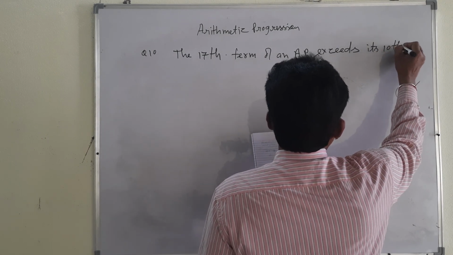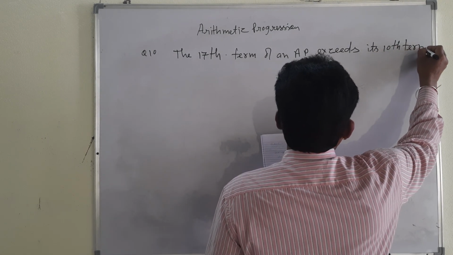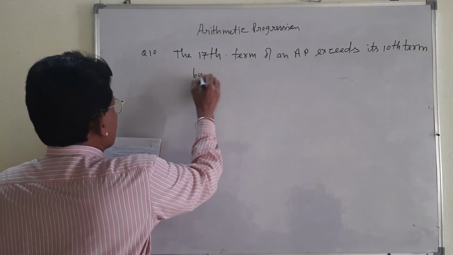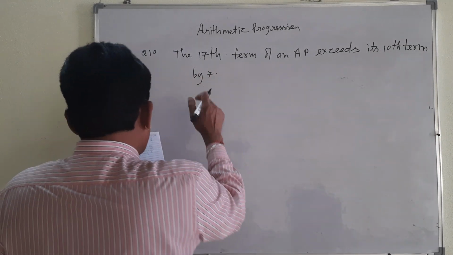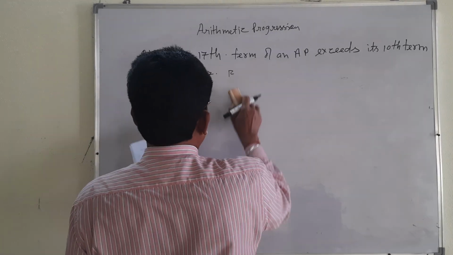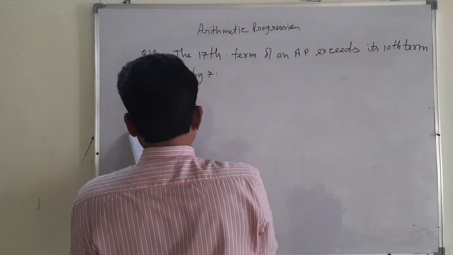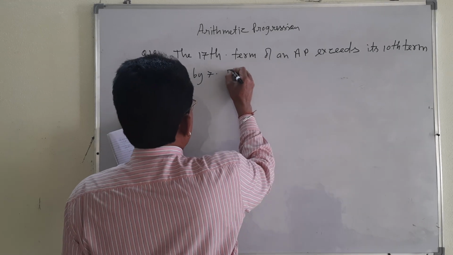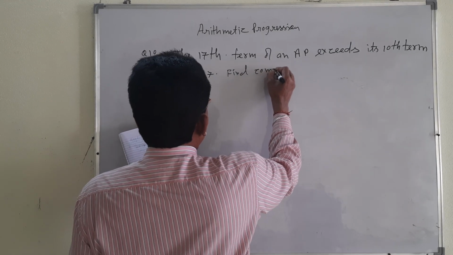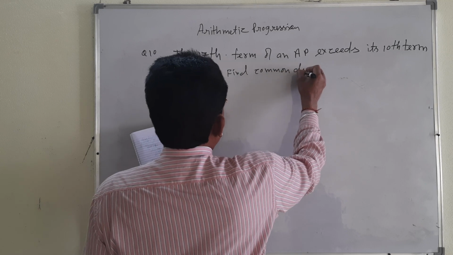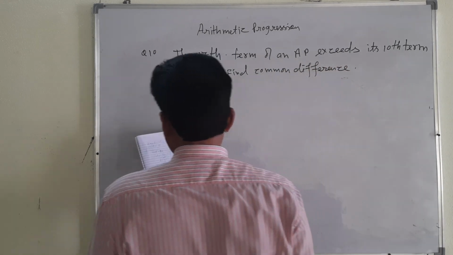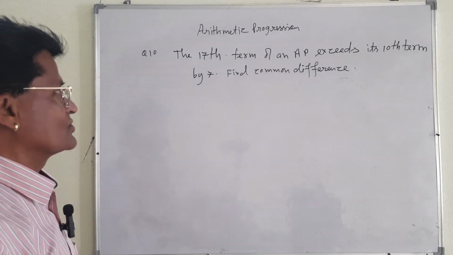If you understand the language of this question, then only you can find out the solution, otherwise not. That is why I am providing such questions time and again. Very important solution.